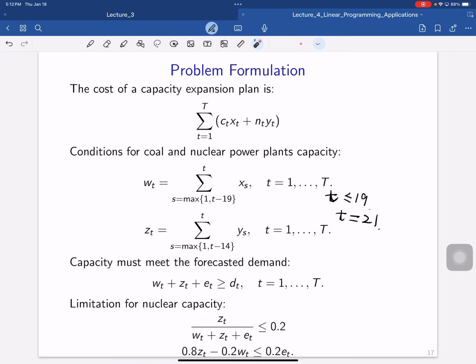So you just sum the coal-fired power plant you built from the second year to the 21st year. Yeah. So would each t be its own separate constraint? Yeah, exactly. So that's why we say it's for all t from 1 to capital T. You all have this constraint. Other questions?